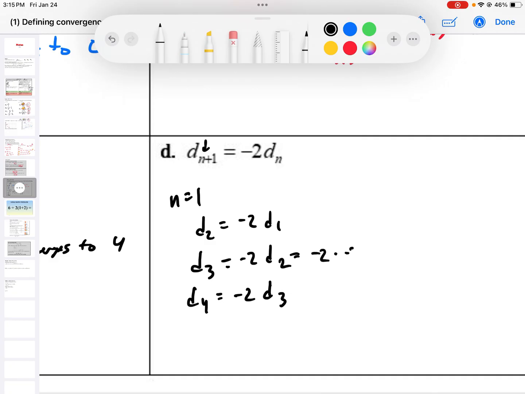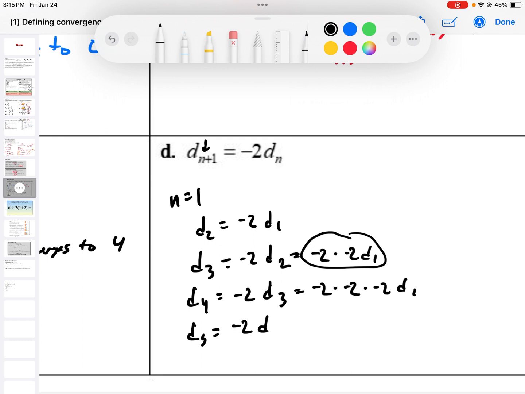But here, d2 was equal to negative 2 times d1. So d3 is equal to negative 2 times the one before that, which is negative 2 times d1. d sub 5 would be equal to negative 2 times d4, which is negative 2 times this.